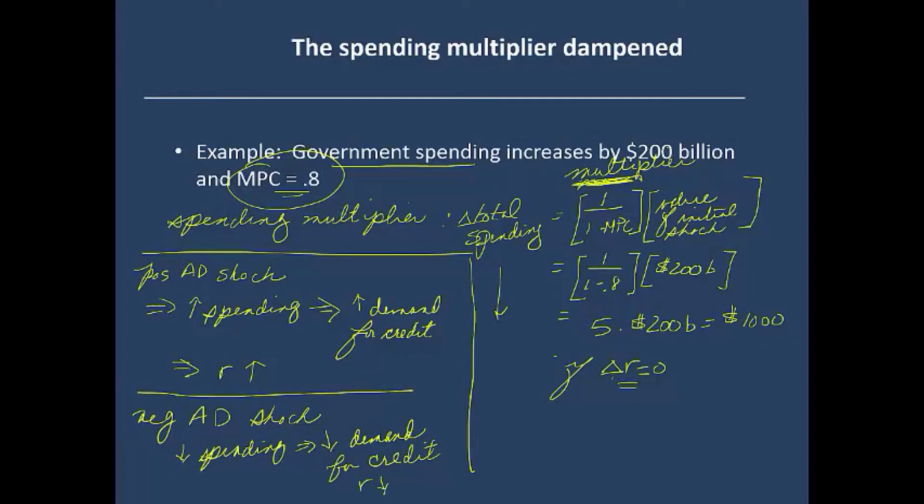Okay, but let's continue with our positive aggregate demand shock example. So government spending increasing by $200 billion, which would increase total spending by $1 trillion if interest rates did stay the same. So what's going on here is we have a positive aggregate demand shock.